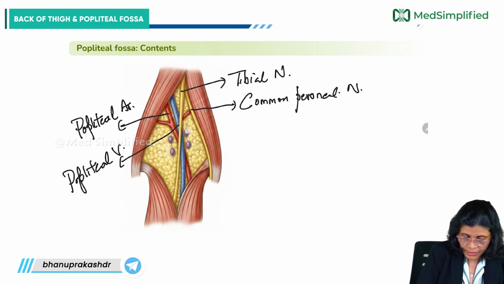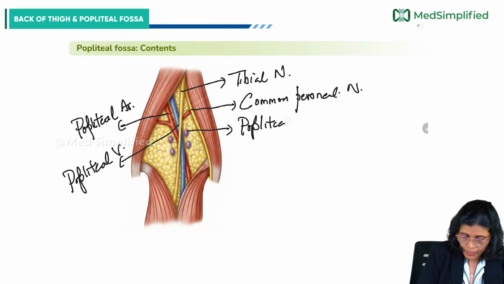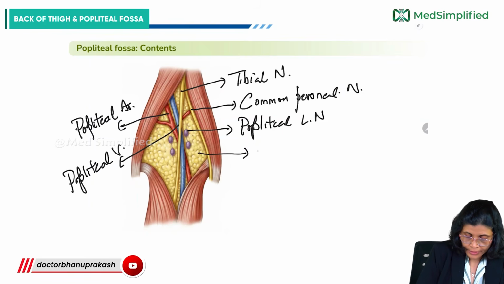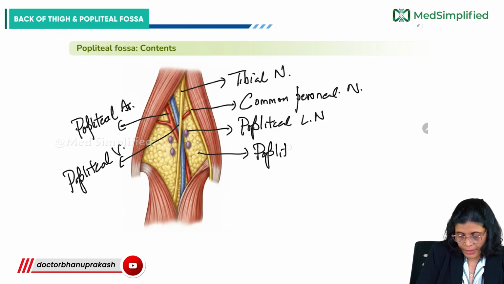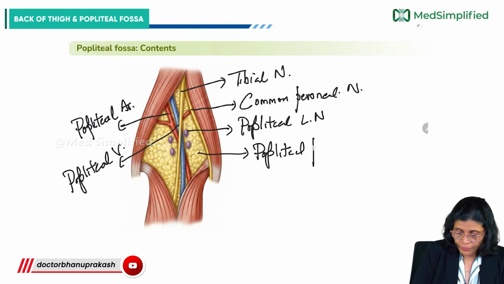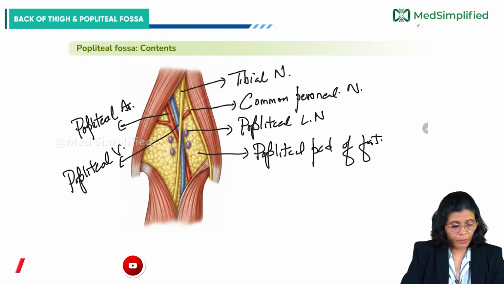Then we have the popliteal lymph nodes and the popliteal pad of fat. So these are the main contents of the popliteal fossa.